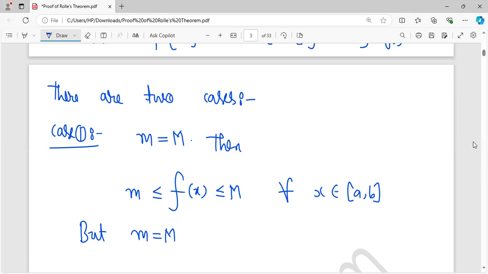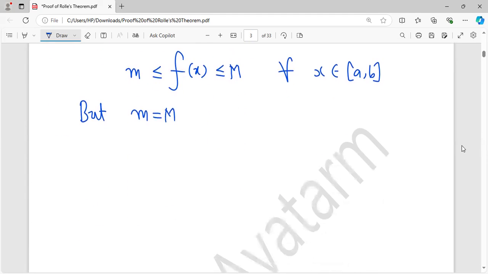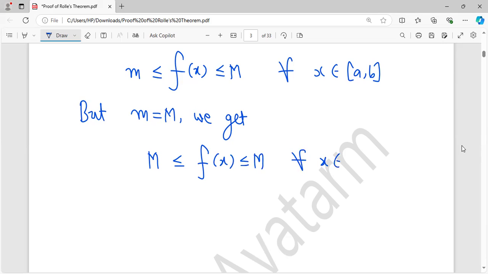So what we got? In place of small m you put capital M. So what is the meaning of this?